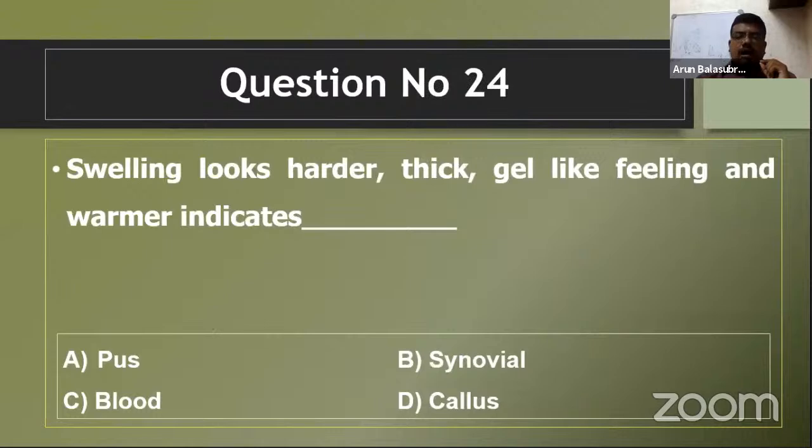Okay, a swelling that feels harder, thick, gel-like, and warmer. You palpate a swelling which feels harder, thick, gel-like, and warmer. Does it indicate pus, synovial fluid, blood, or callus? What is the swelling?